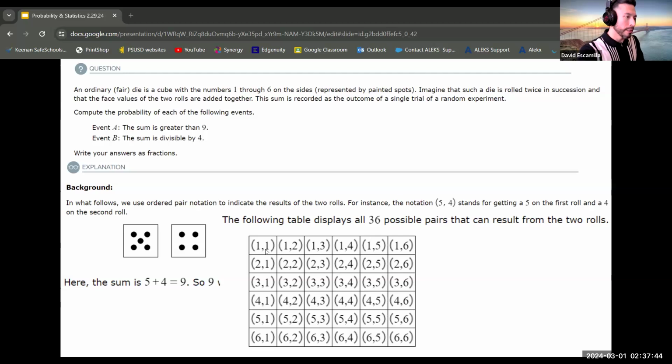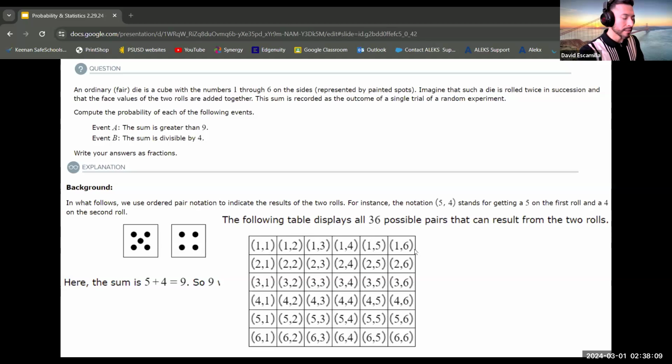So you can get 1 the first time and another 1 the second time, or you can get 1 the first time that you rolled it and 2 the second time, or 1, 3, 1, 4, 1, 5, or 1, 6, because you only find numbers 1 through 6 in these fair dice.